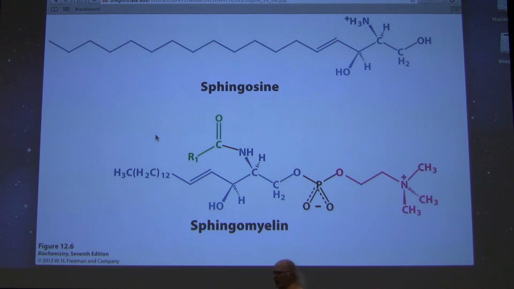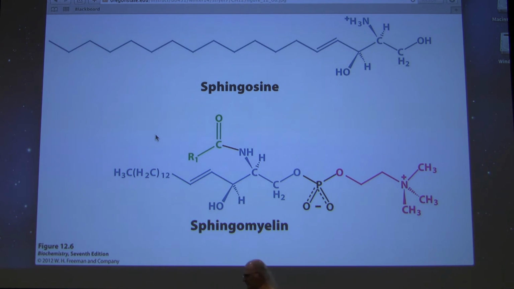Another important class of molecules found in lipid bilayers are called the sphingolipids. That's S-P-H-I-N-G-O lipid, sphingolipid. This is a specific type of sphingolipid, and I'll say something about it in a second. Sphingolipids derive their name from the fact that they look like they're made from a compound called sphingosine.